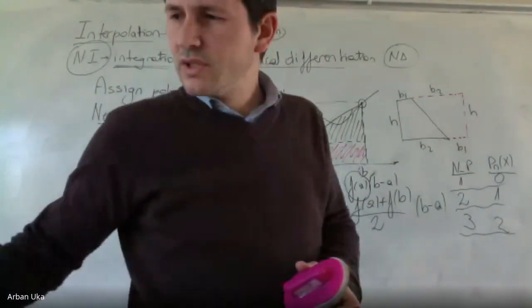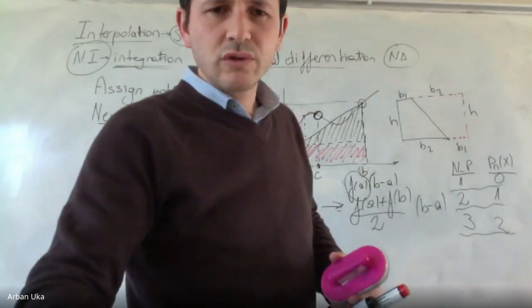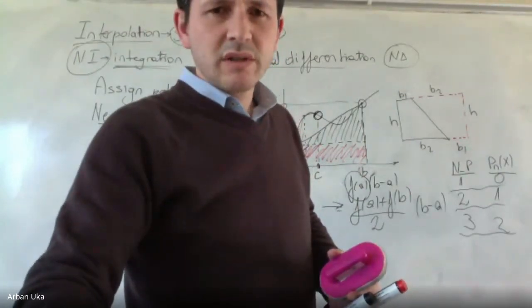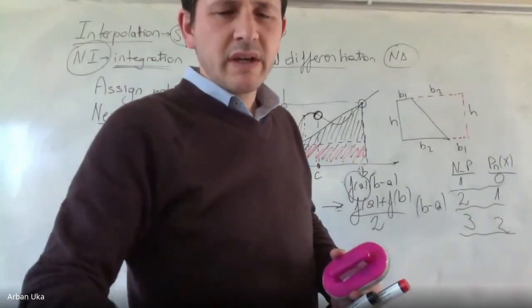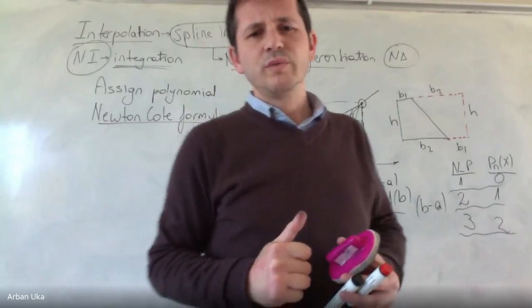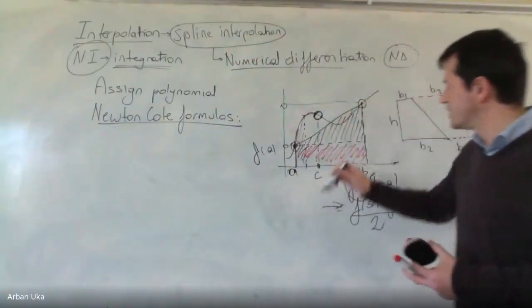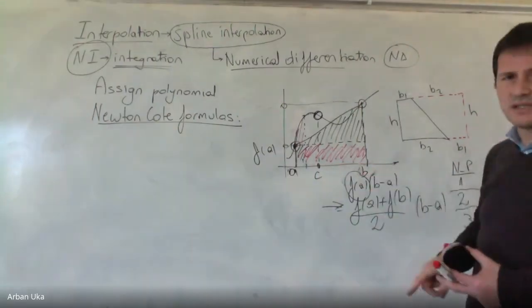We are going to see together three different techniques that use Newton-Cotes. The special condition regarding Newton-Cotes is that the interval over which we want to integrate is going to be equally spaced. So we're going to keep the interval AB as it is here.